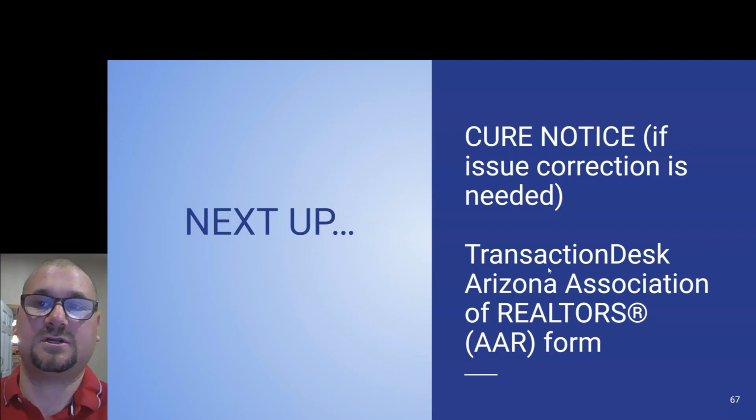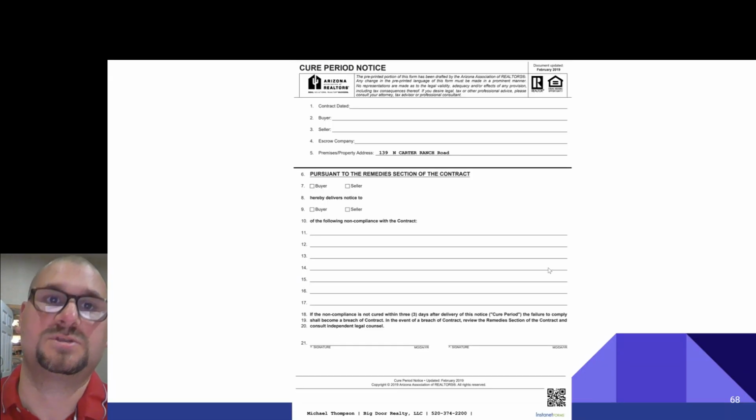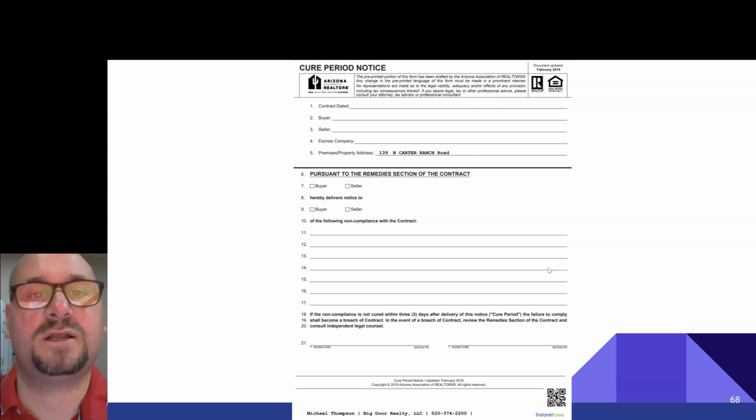Next up, we'll have a cure notice if issue correction is needed. So you're going to use the cure notice if your realtor, your cooperating broker is not cooperating, right? So you send out what's called a cure notice. You put the contact date, buyer, seller, escrow company, the property address, pursuant to the remedies section of the contract.